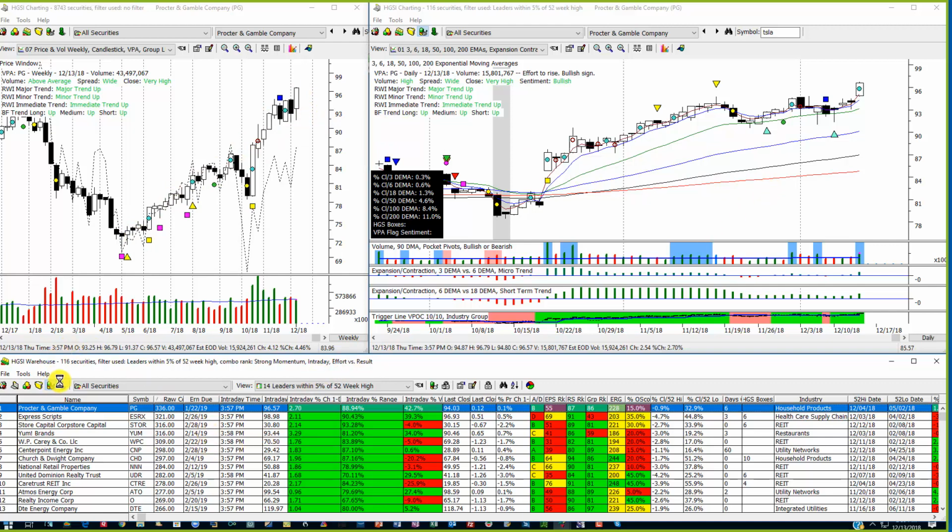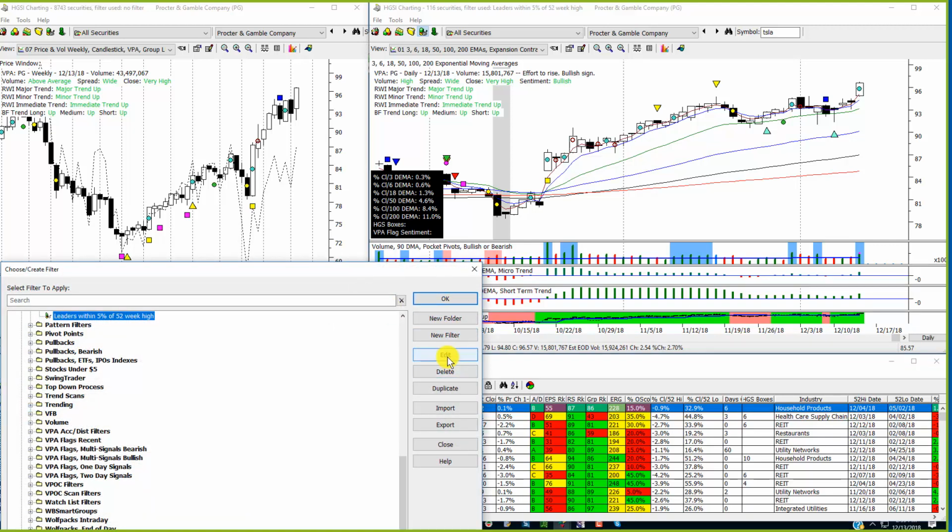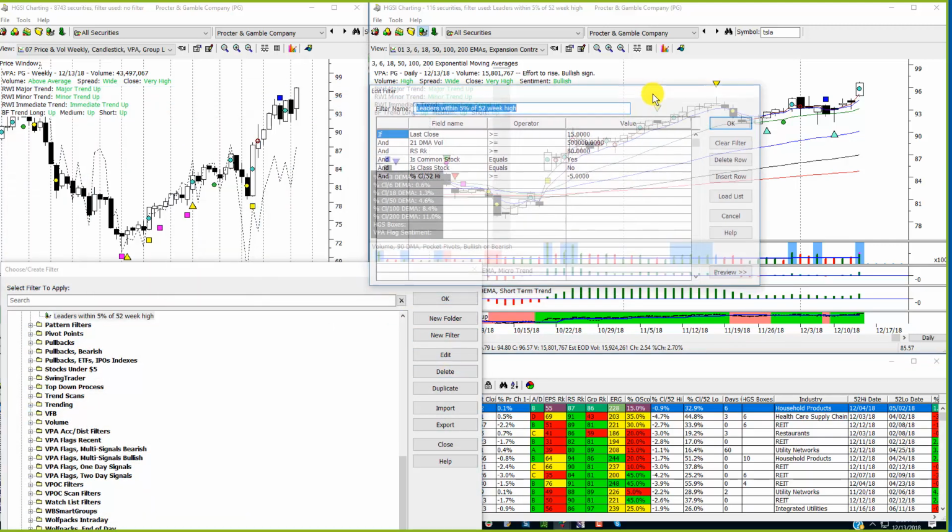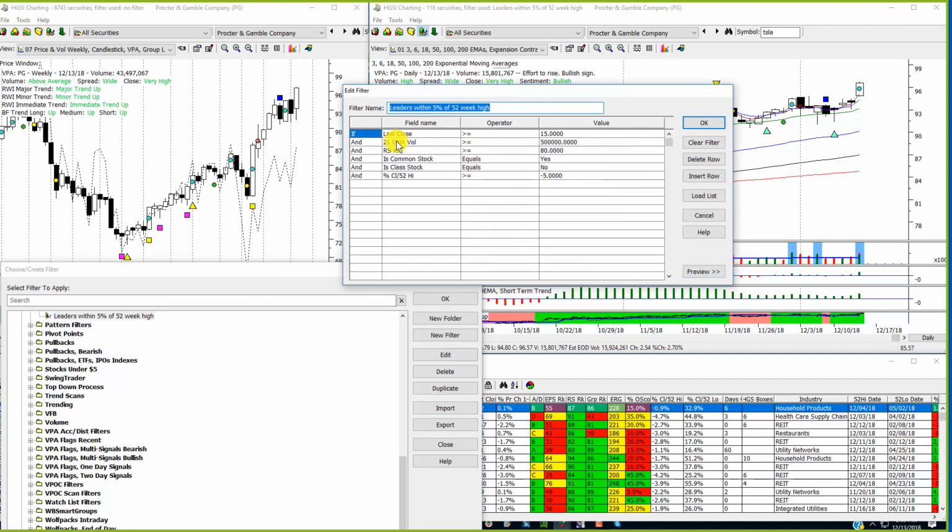It's really a very simple filter. But what it does is it goes into the database and it pulls out stocks. And I use the 21-day moving average volume on here just for shorter term volume.